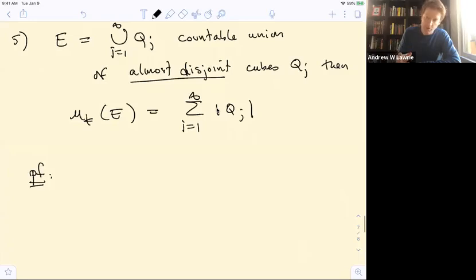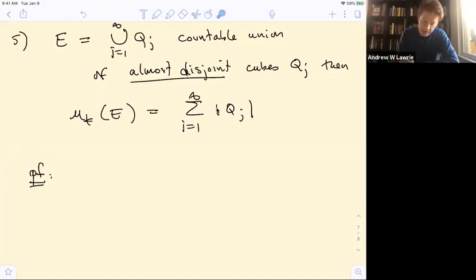Before I prove this, let me highlight. Remember, one of the first things we proved was this characterization of open sets in R^d: every open set was expressible as a countable union of almost disjoint closed cubes. So we said a good candidate for the measure of an open set would be to sum up all the volumes of this collection of closed cubes.